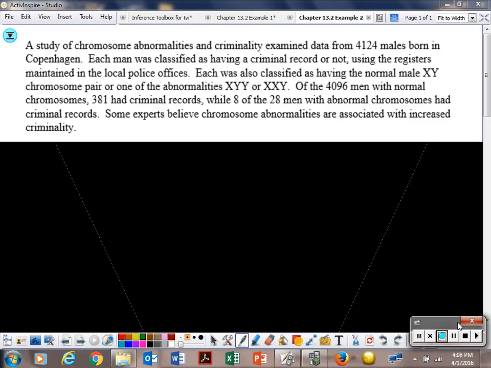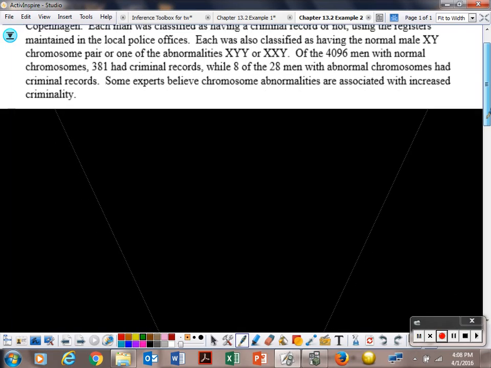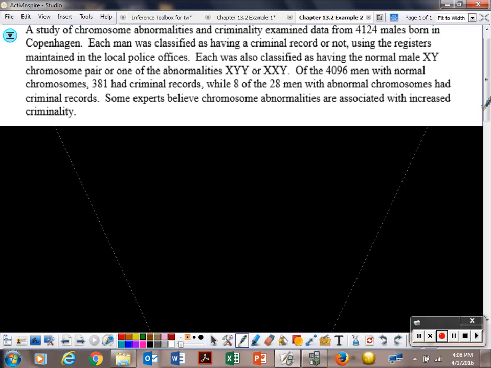Each was also classified as having the normal male XY chromosome pair or one of the abnormalities, XYY or XXY. Of the 4,096 men with normal chromosomes, 381 had criminal records, while 8 of the 28 with abnormal chromosomes have criminal records. Some experts believe chromosome abnormalities are associated with increased criminality.